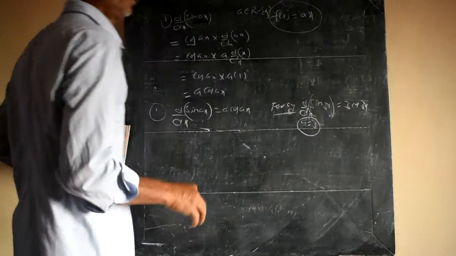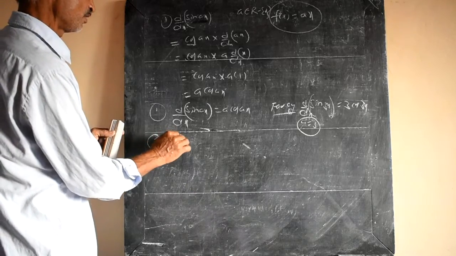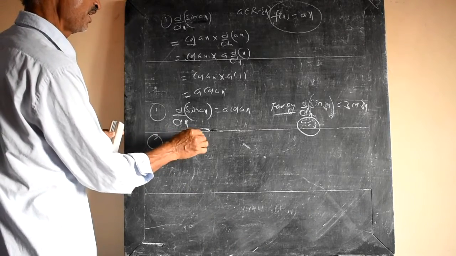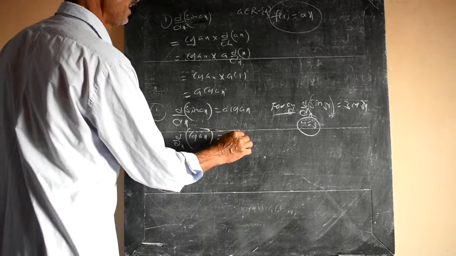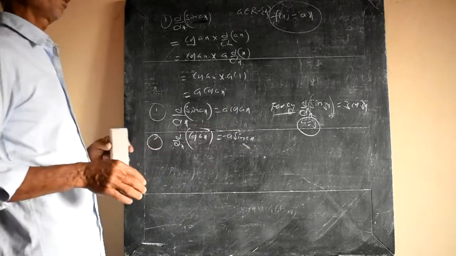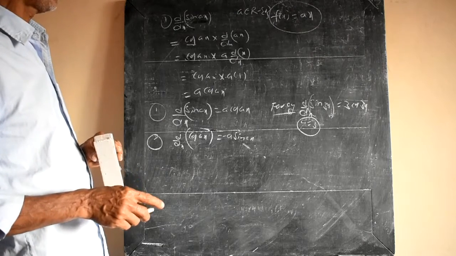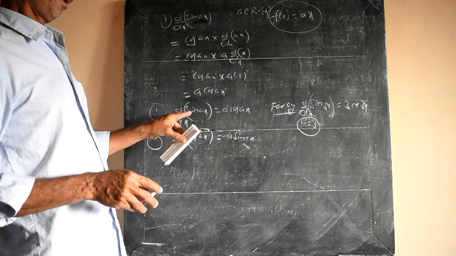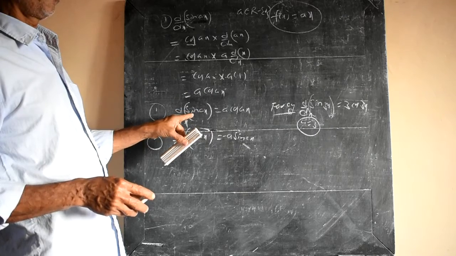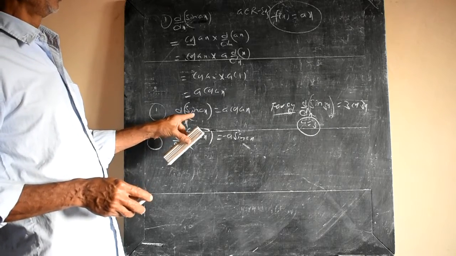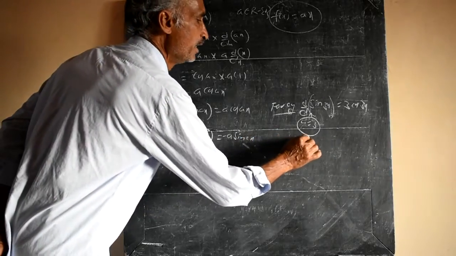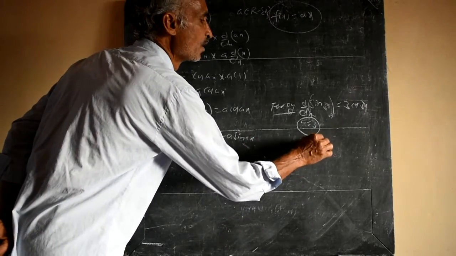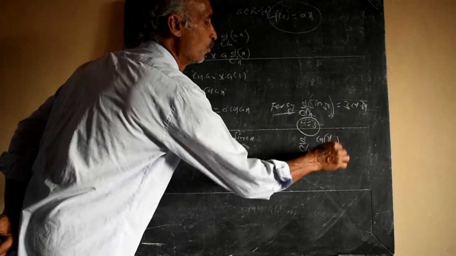That's all. Second one, d by dx of cos ax is equal to minus a sin ax. As a shortcut, you try to write down the differentiation of sin ax, cos ax directly. So it is minus a sin ax. For example, d by dx of cos x by 2. What is the a here?